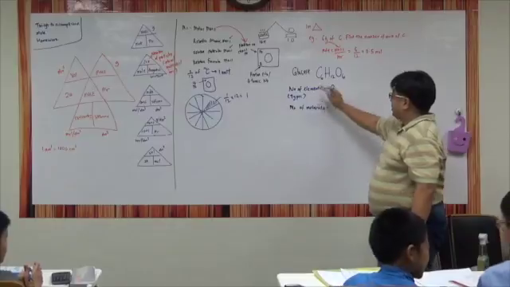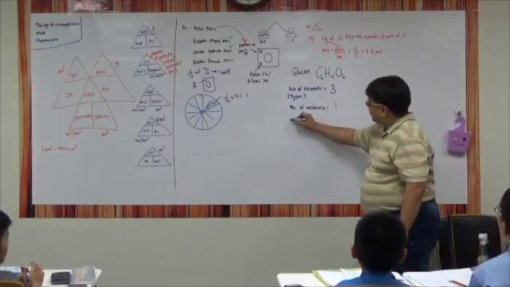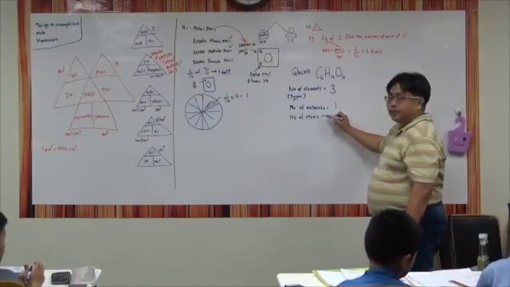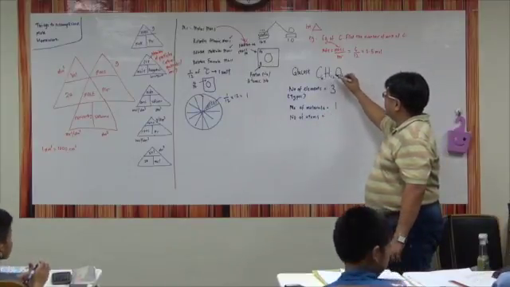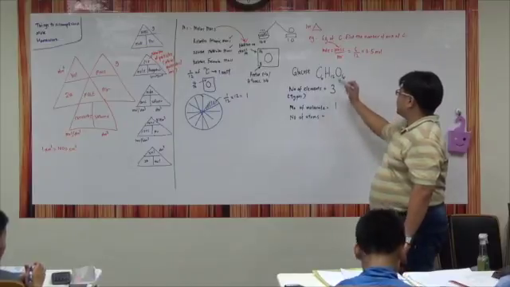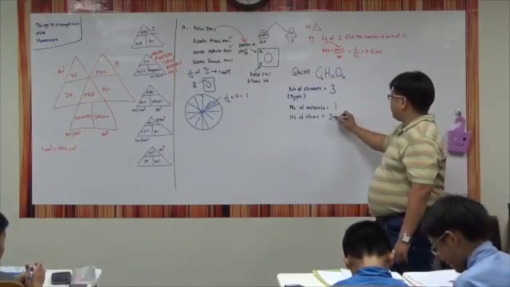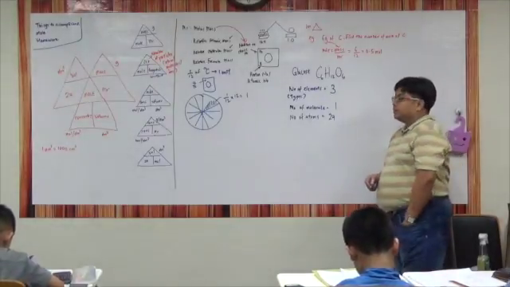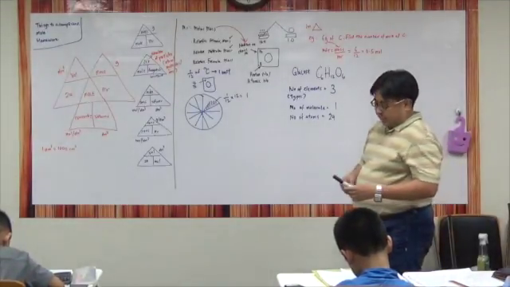So the number of molecules is 1. But the number of atoms? 24, right? Because there are 6 carbon, 12 hydrogen, and 6 oxygen. So the answer is 24. Please understand the terms correctly here. So there are no ions here.